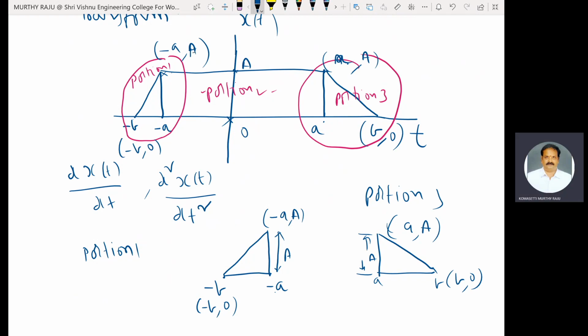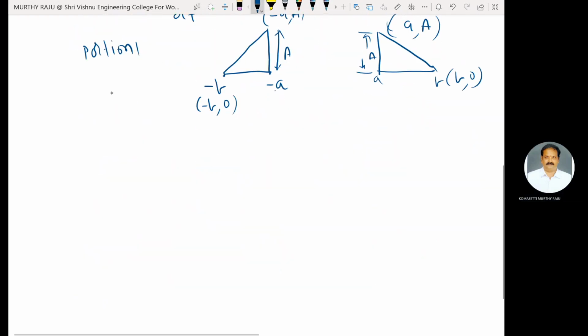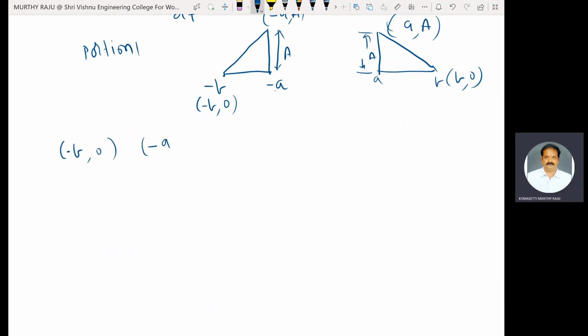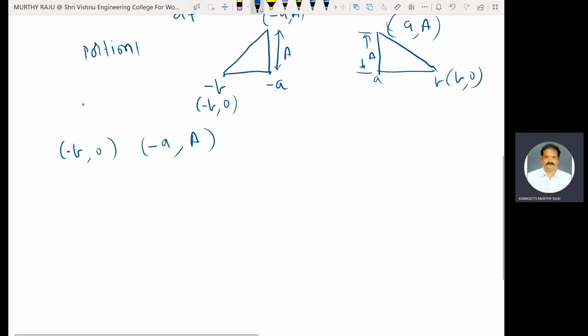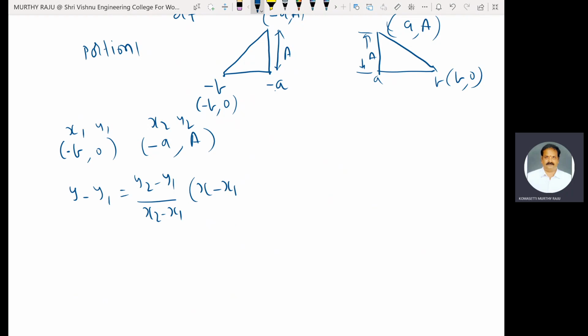First of all, find the equations. Consider portion 1: minus b comma 0 and minus a comma A, as x1 y1 and x2 y2. y minus y1 is equal to (y2 minus y1) by (x2 minus x1) into (x minus x1).